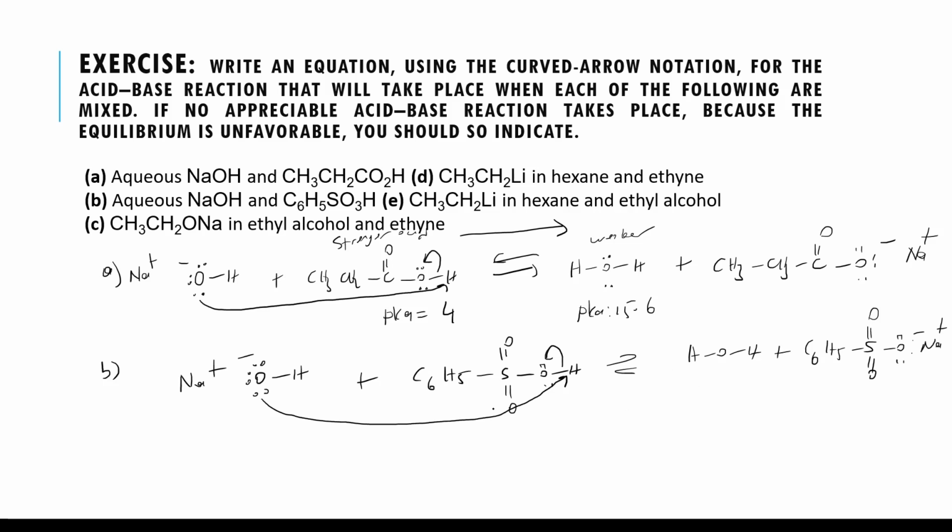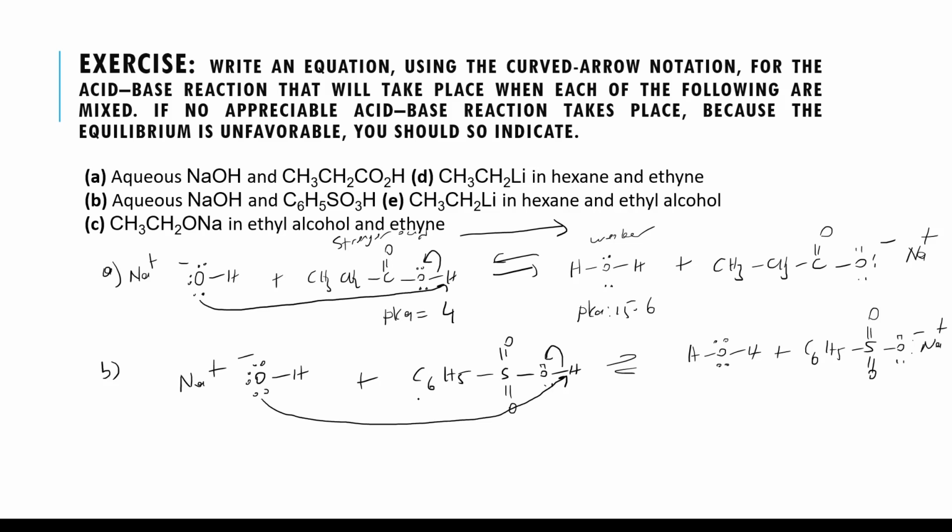So this is the reaction mechanism. Base is attacking acid. Base is proton acceptor, acid is proton donor, or based on the Lewis definition, base is electron pair donor. So the curved arrow should start from the lone pair and end up on the acidic hydrogen, and the bond between the acidic hydrogen and the oxygen should be broken. So this is the reaction mechanism.